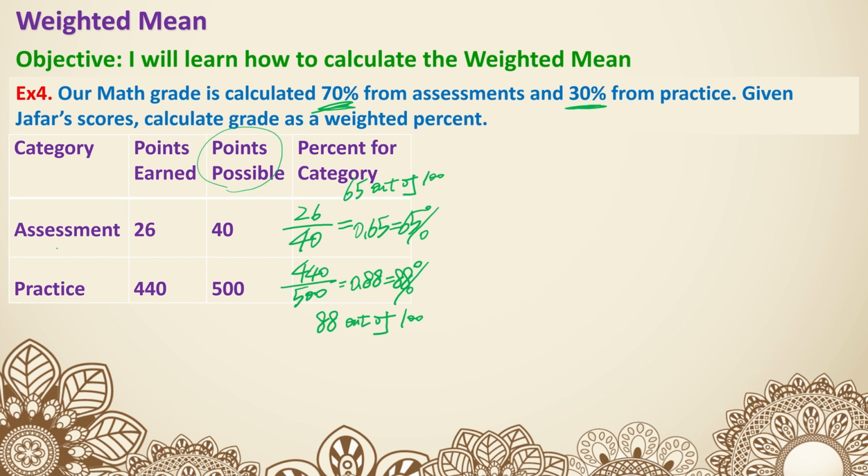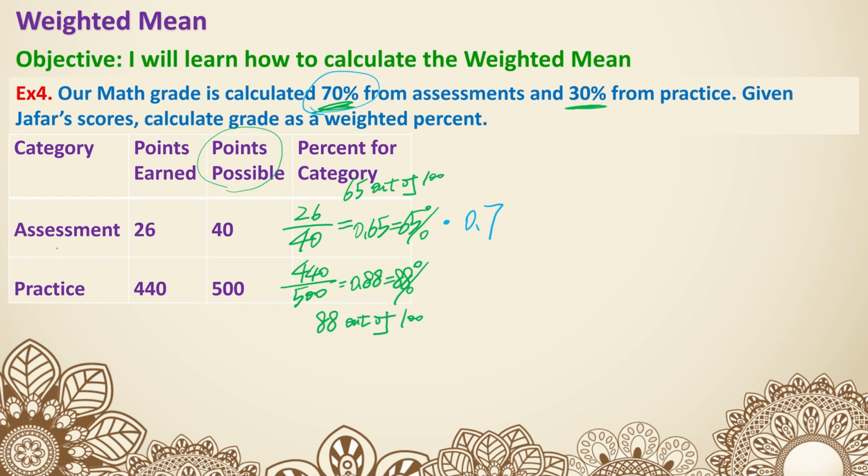So if it's out of 100, he earned 88. Then out of 30 for practice or out of 70, the numbers will be different. So here's how we can treat these numbers. That's a 70%, which is actually a 0.7. You can choose to change all of them into decimals, and then your answer is going to be a decimal, and you can change it back to a percent, or you can actually use the percent.